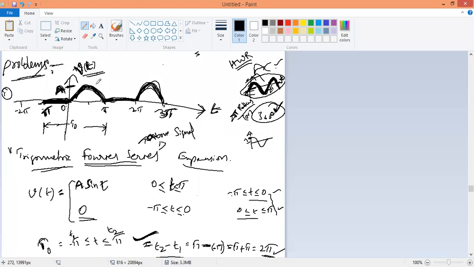This is one half cycle and this is one more half cycle. First take this cycle, minus pi to 0. During the minus pi to 0 interval, what is the magnitude of the signal?